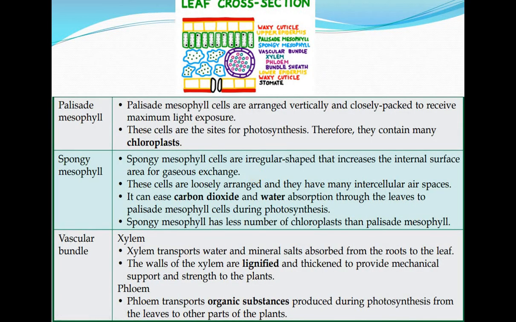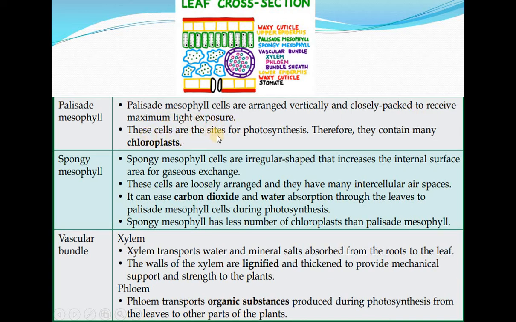Next, palisade mesophyll. The palisade mesophyll is under the upper epidermis layer. Palisade mesophyll cells are arranged vertically. You have to remember the characteristics of the palisade mesophyll cells: they are arranged vertically and closely packed, to receive maximum light exposure.